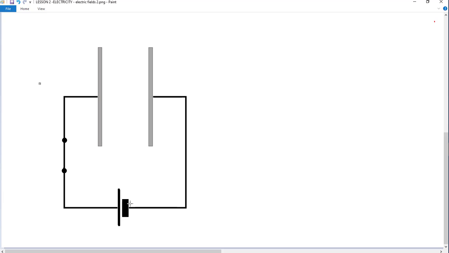What will happen is that electrons will flow from the negative terminal of the cell to this plate on the right, and likewise the opposite plate will become charged positively with an equal quantity of positive charge. So what we want to know now is, what will the electric field pattern look like for these two parallel plate conductors?